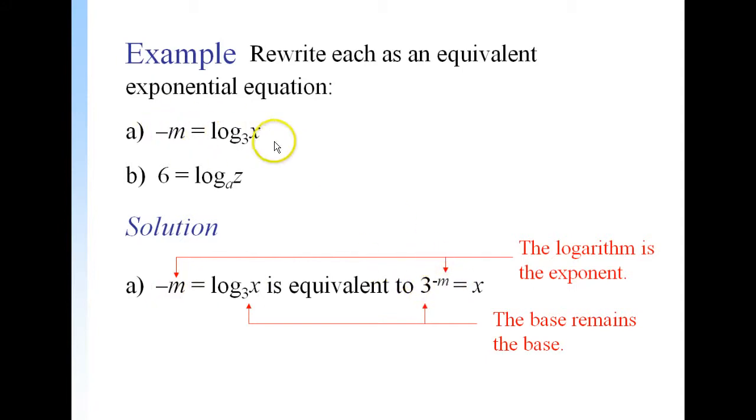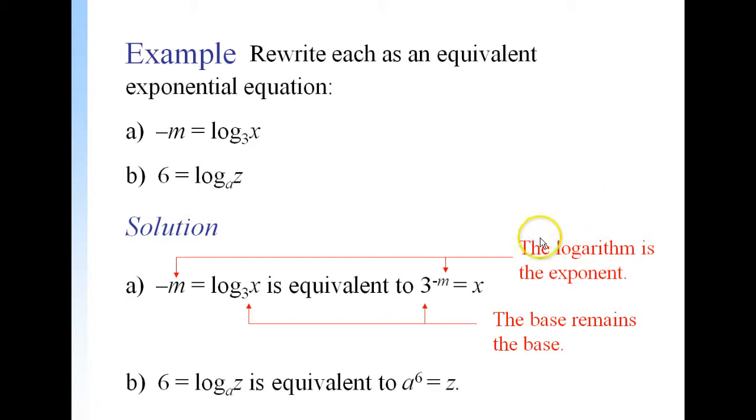So there's the equivalent equation to this. Now let's look at B. In B, we have this. Again, our base is A. Our exponent is 6, and that equals Z.